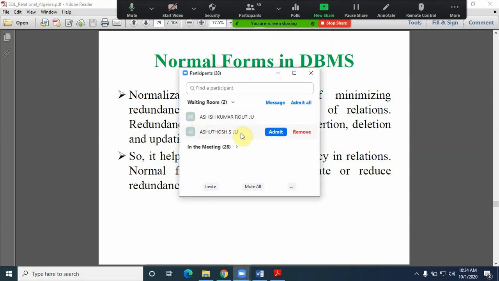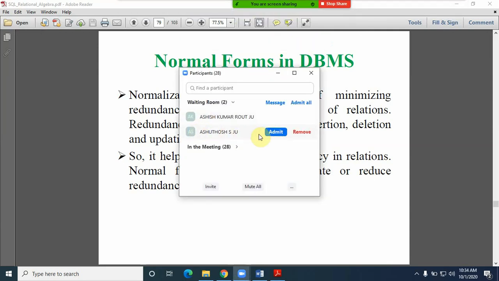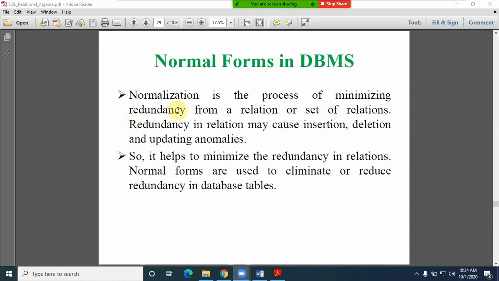So if you are referencing normalization, it is a process, as we are telling. One more important thing is that to achieve this process we have certain rules, and those rules help us in the form of the normal forms.